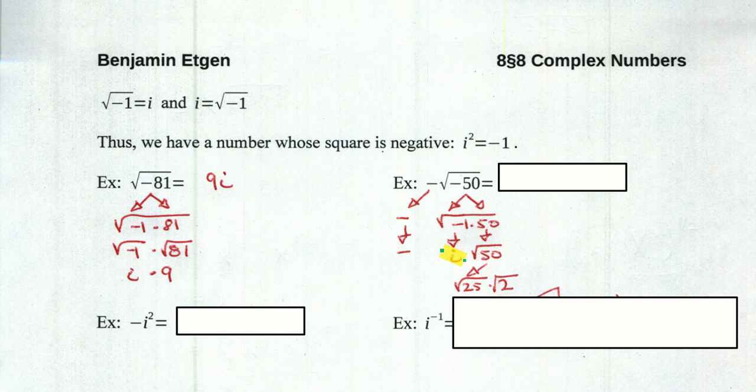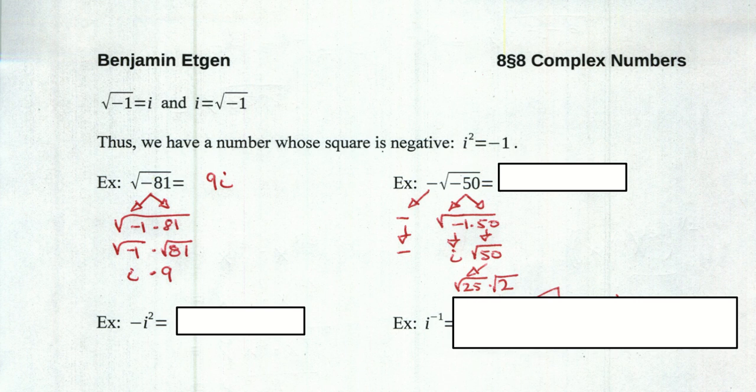So now we've got a negative and an i out front. Now 50 is interesting because it contains a perfect square as a factor, namely 25. It also contains a 2 as a factor. Now the 25 inside of the square root, because it's a perfect square, is going to give us a 5.